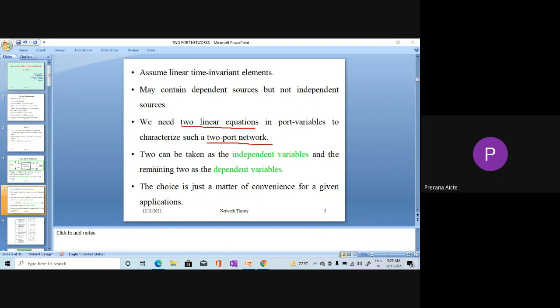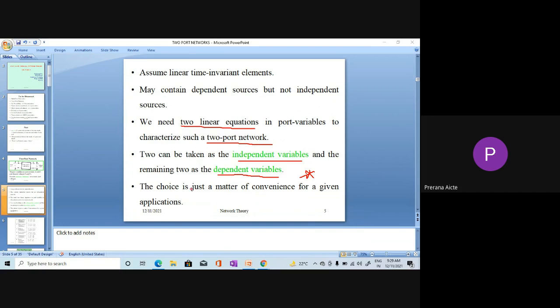Coming forward, two can be taken as independent variables and the remaining two as dependent variables. This is a very, very important concept you need to look after here. In these linear equations, two can be taken as independent variables and the remaining two obviously as dependent variables. Once you go through the circuit, you will find out how the circuit parameters are framed.